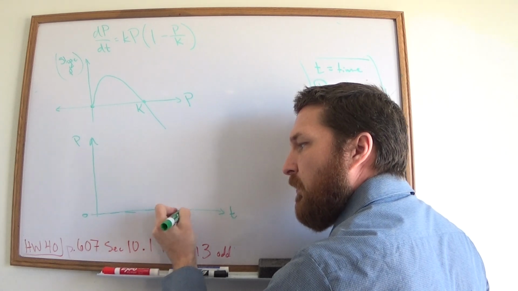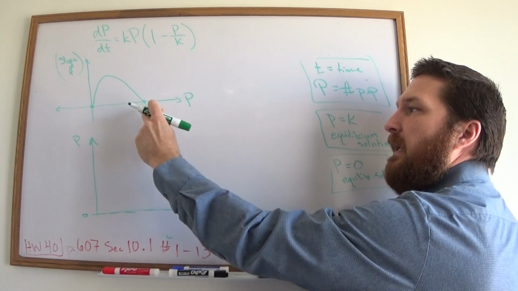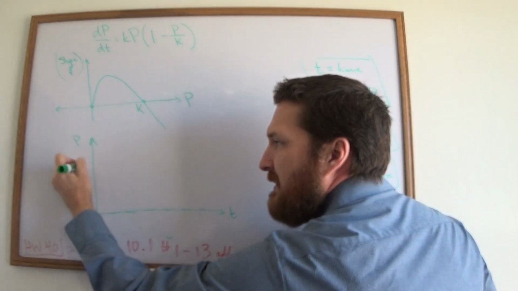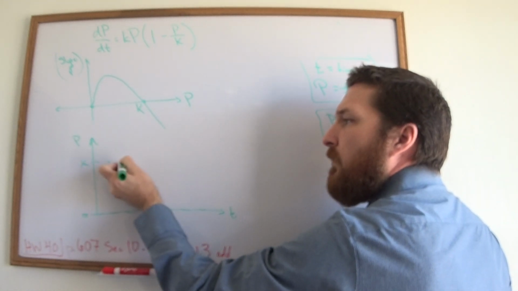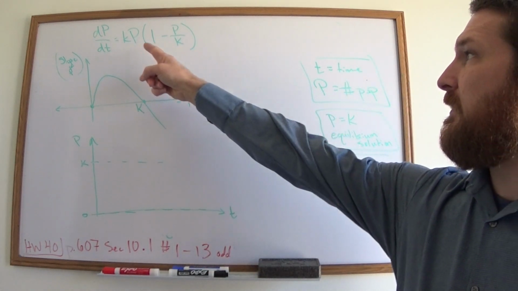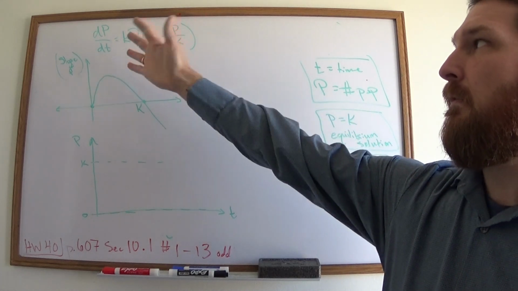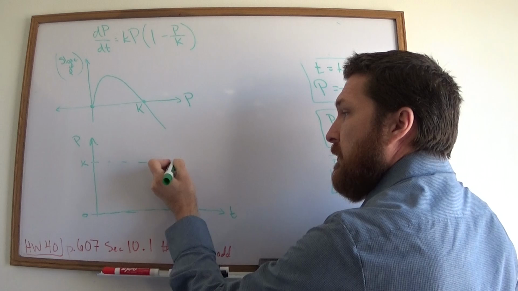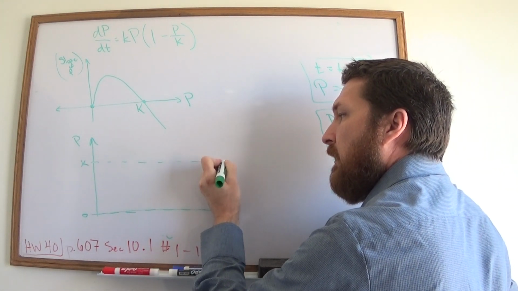The slope is always 0 there. Ditto, if the value of p is k, then the slope there is also always 0, no matter what time you're at. Do you see time anywhere in here? It's per time, but there's no t value in there. So it only depends on what the output value is, p. So it says that the slope is 0 here.